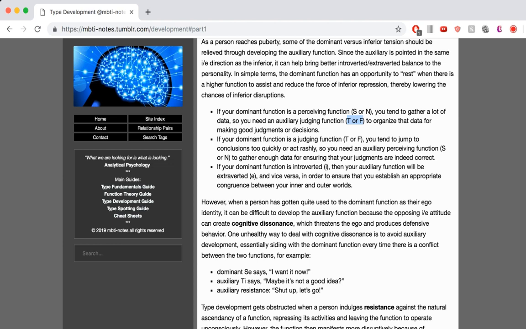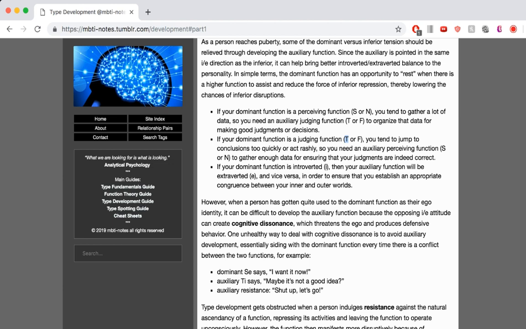So if you have an S or N as your dominant, your auxiliary, or second function, is going to be T or F. And likewise, if you're a T or F, your auxiliary is going to be an S or an N. For me, I'm a TI dominant, and my auxiliary is NE, so that follows the model.